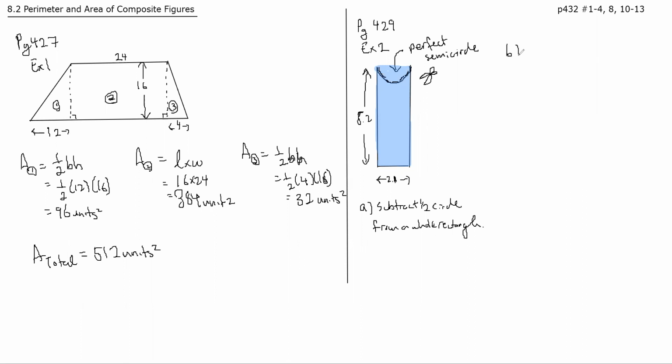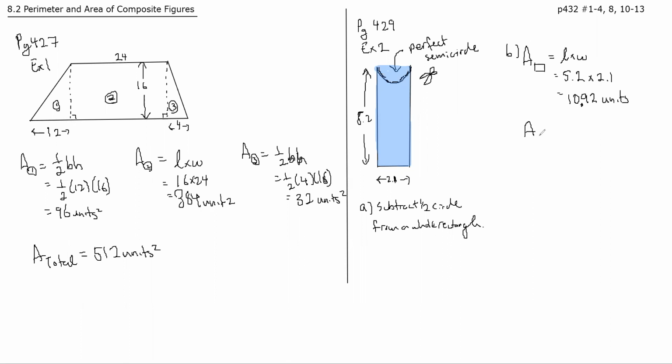And so I'm going to do that. What is the area of the rectangular portion? Well, length times width, which is 5.2 times 2.1, 10.92 units.